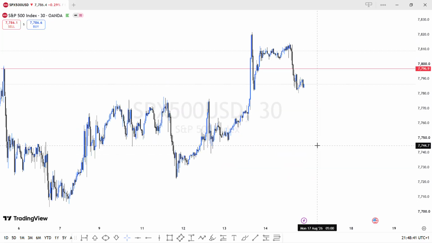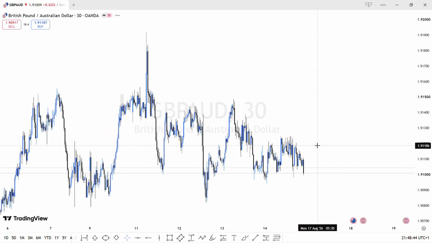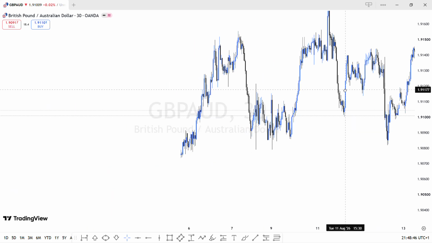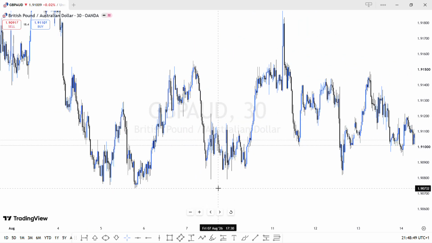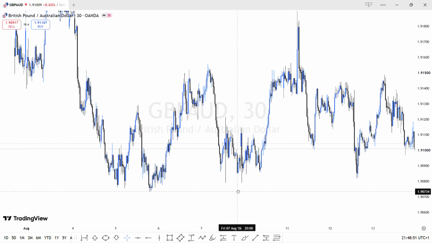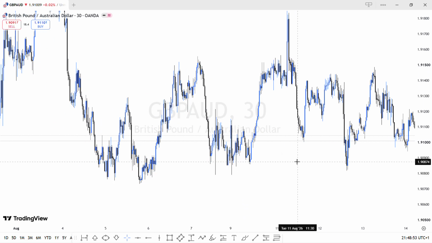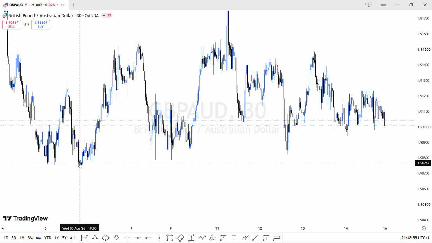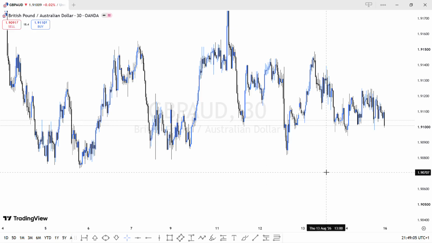We have SPX 500. On SPX, I'm not seeing anything at all. Then we have GBP AUD. As you can see, GBP AUD didn't get to this. It gets to this area of interest, but assuming this retracement hasn't touched this point, I'll be expecting to buy from this region here, which it did.